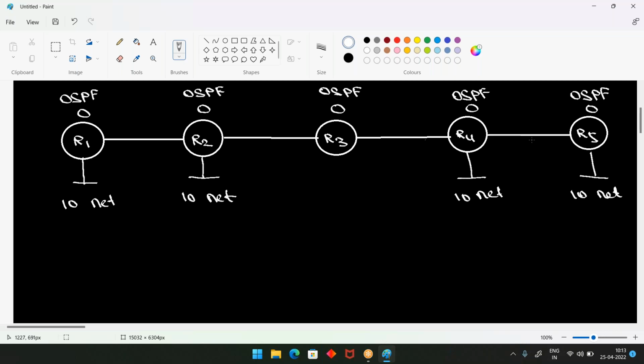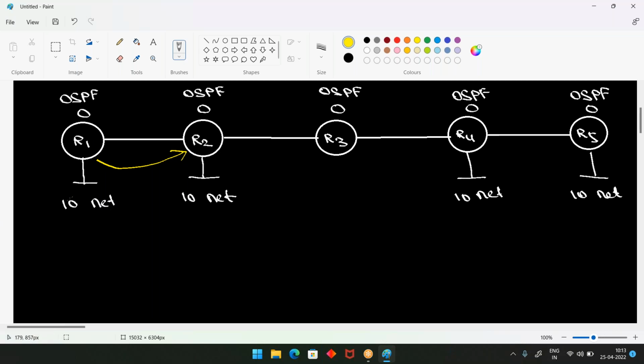Now, if these 5 devices belong to a single area, then what happens here? The R1 router will share its own 10 networks to the R2 router.